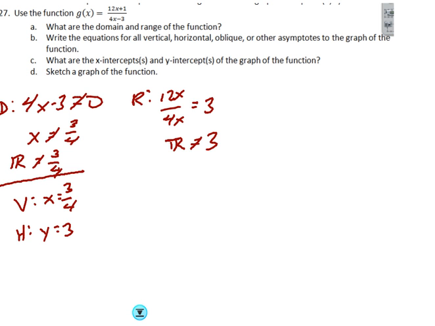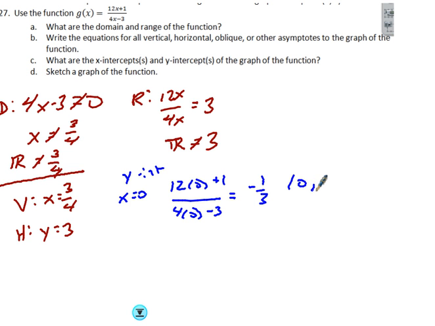Part C now. Part C, what we want to do is try to figure out the x-intercept, y-intercept of the graph. So if we want to find the y-intercept to begin with, we're going to try to focus on where x is 0. So if you make x 0, this is 12 times 0 plus 1 divided by 4 times 0 minus 3. 0 plus 1 over 0 plus negative 3 is a negative 1/3. So there's the first one, 0, negative 1/3.